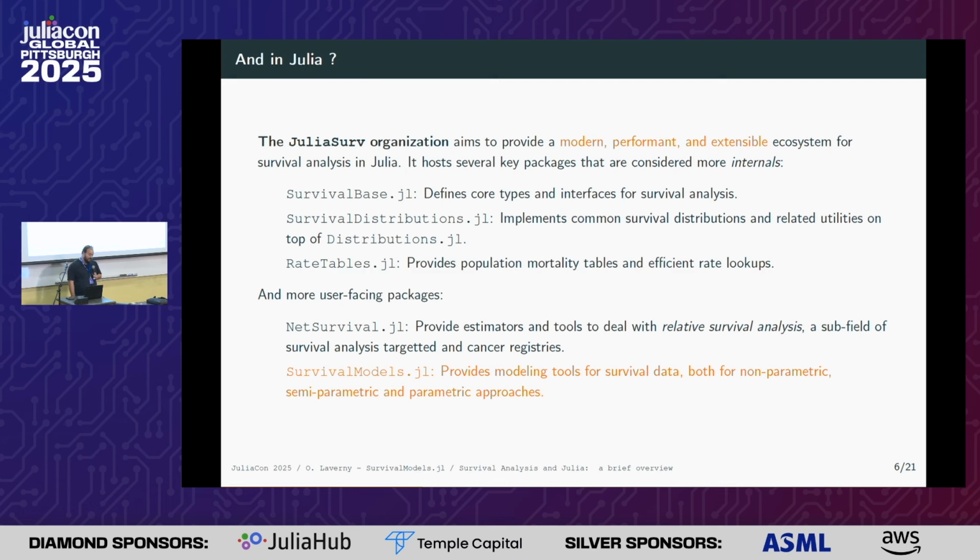There is RateTables.jl that implements mortality tables, which is an important kind of data that exists in this field. And there are a few that are more user-facing. The first one is from last year about a very specific niche survival problem, which is called relative survival analysis. And the last one, which is the one that I'm going to talk about today, is called SurvivalModels.jl, and it provides tools to make regression on survival data.